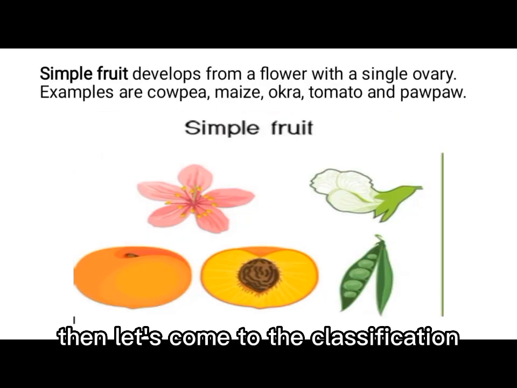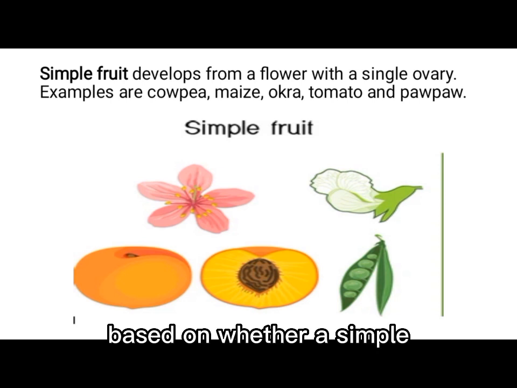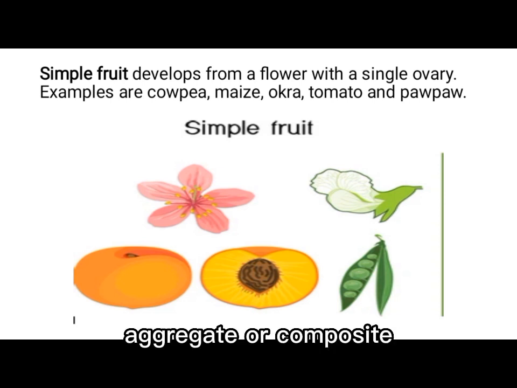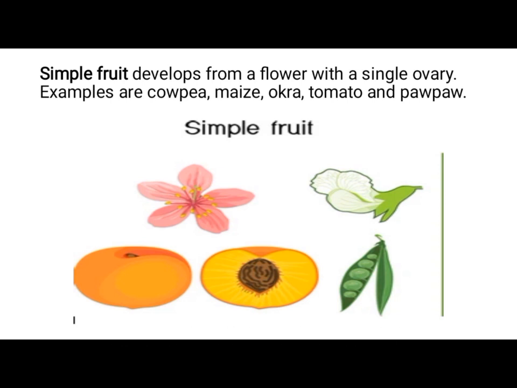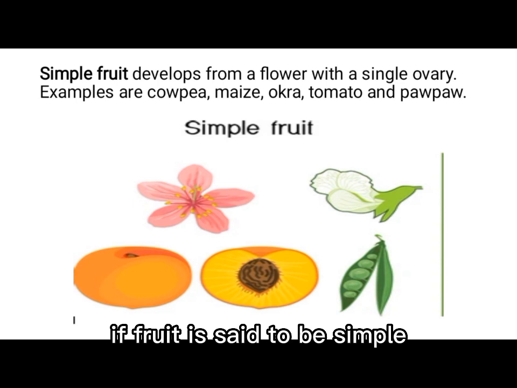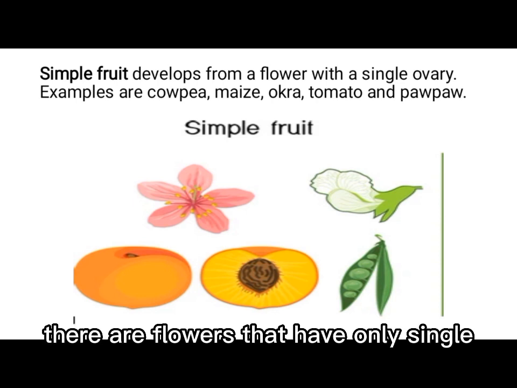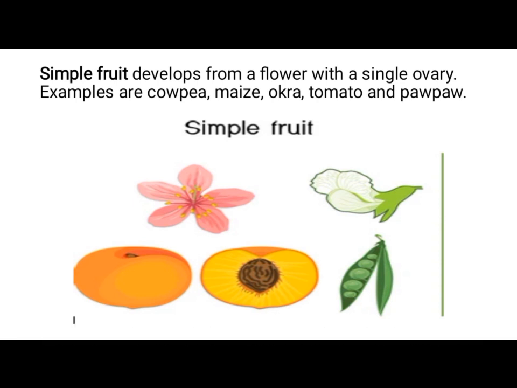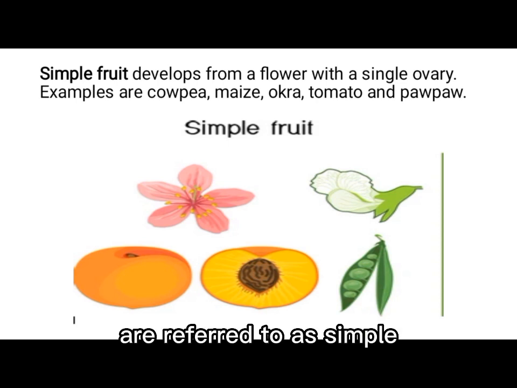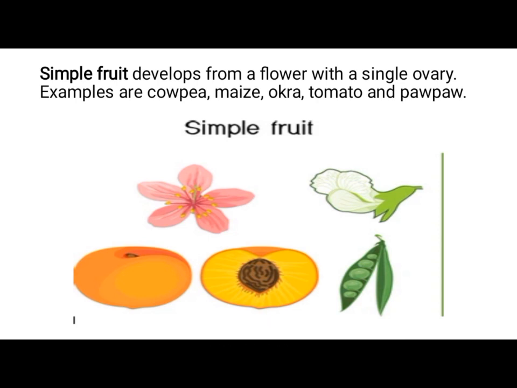Then let's come to the classification based on whether it's simple, aggregate, or composite. A fruit is said to be simple if it develops from a flower with a single ovary. There are flowers that have only one ovary, and such fruits are referred to as simple fruits.